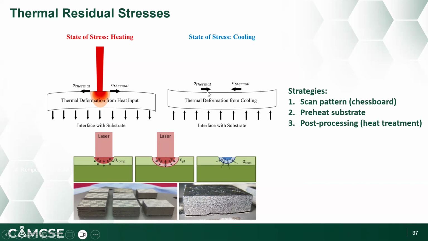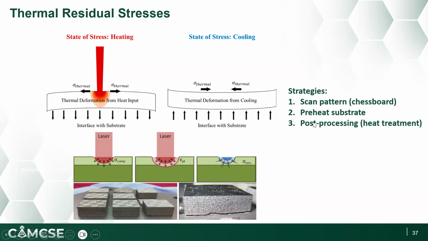This thermal residual stress happens cyclically because the laser processes the material cyclically. So this will induce very large thermal residual stresses, and we often need to apply some post-processing procedures to release some of the residual stresses. This post-processing is often done by heat treatment.